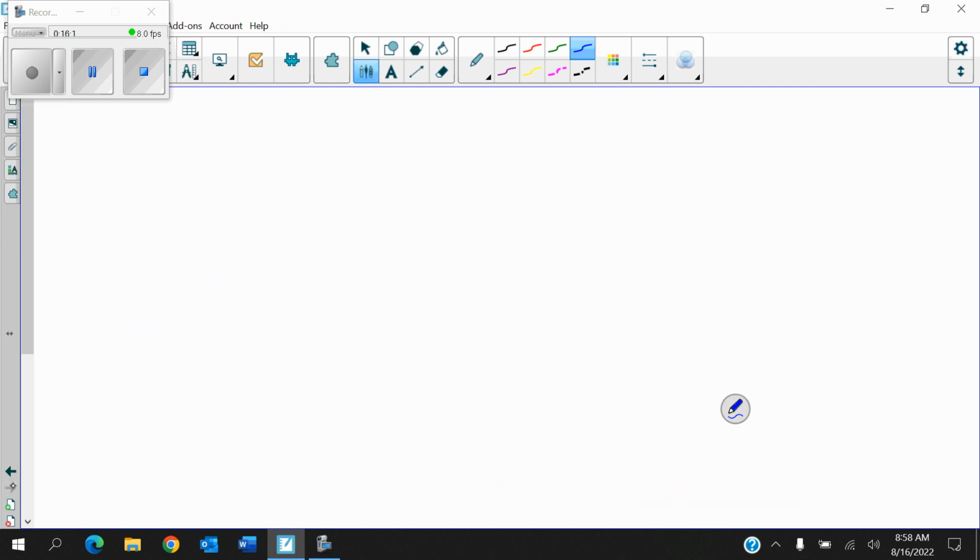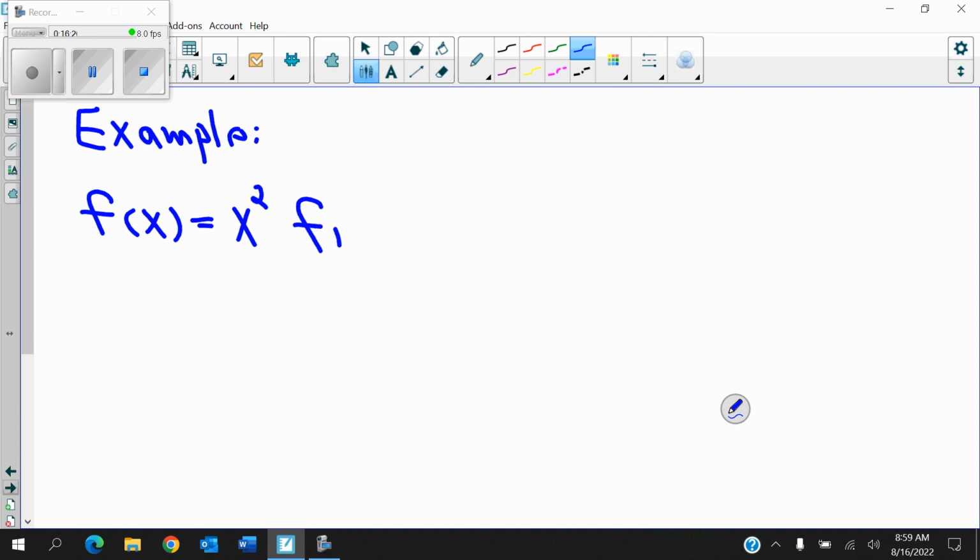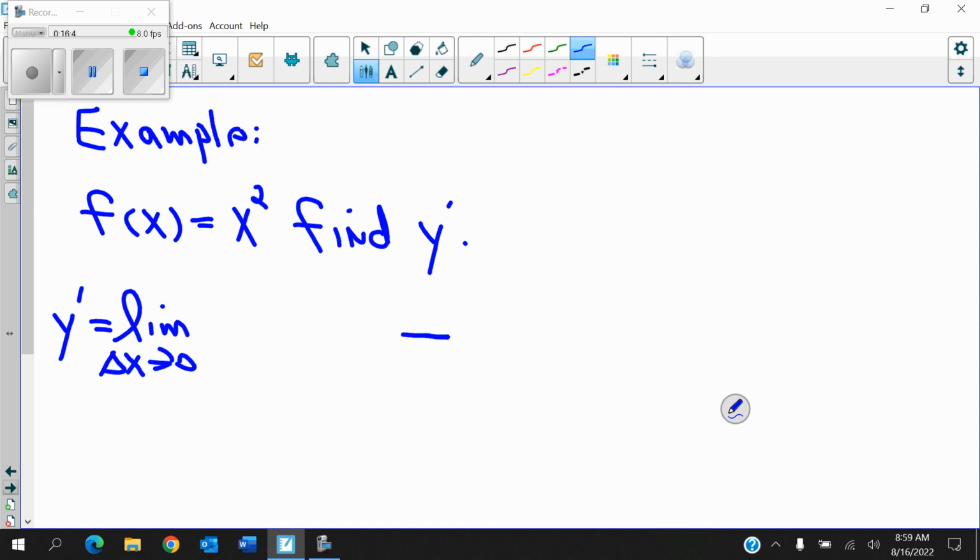Let's do an example, shall we? F of x equals x squared. Find y prime. Start with the definition. Y prime is equal to the limit as delta x approaches 0 of f of x plus delta x minus f of x over delta x.